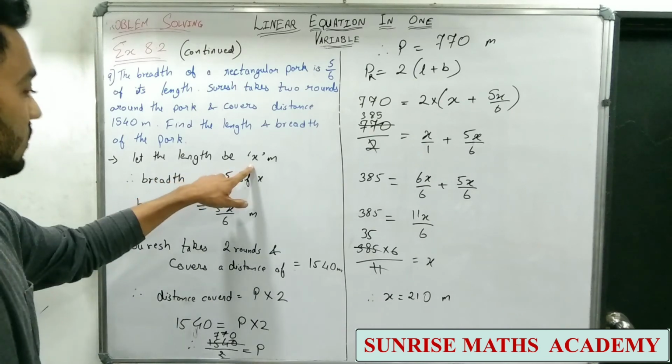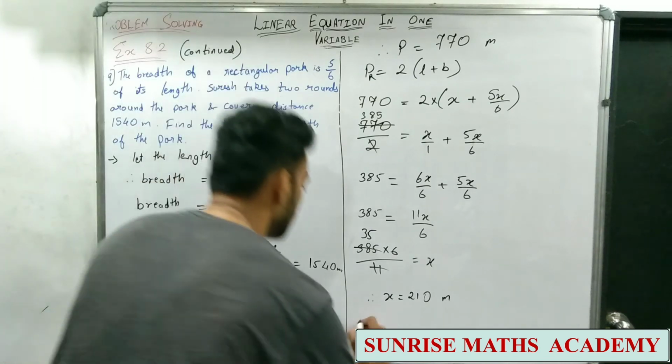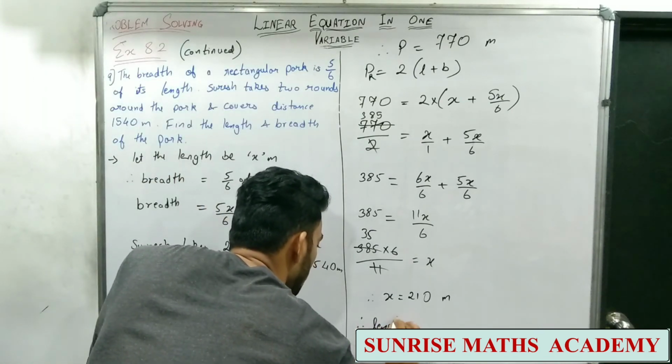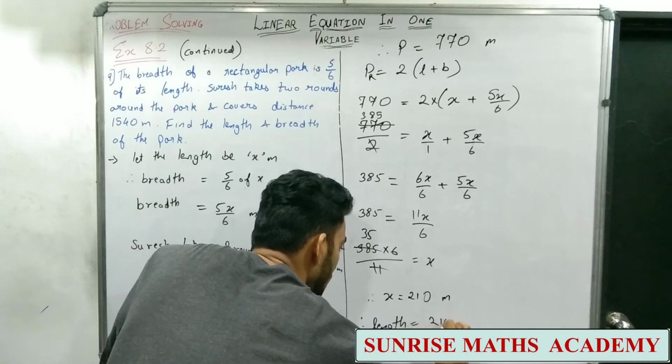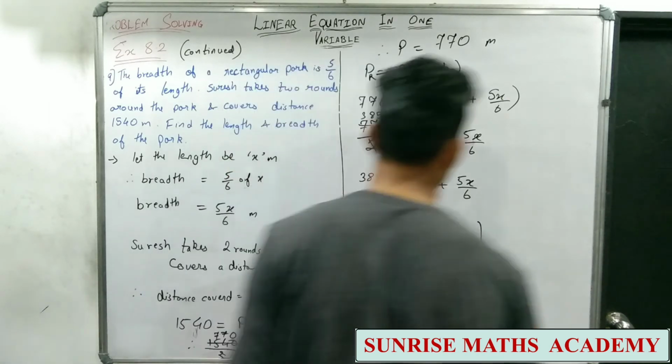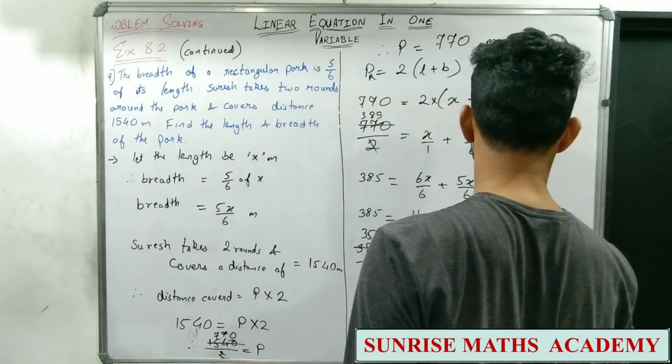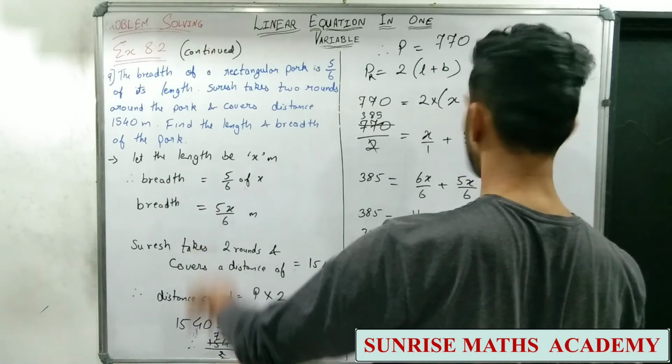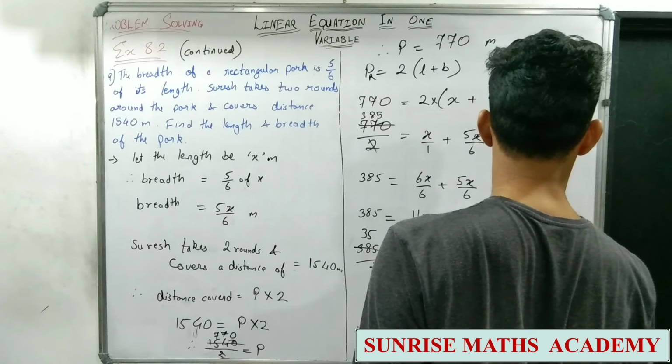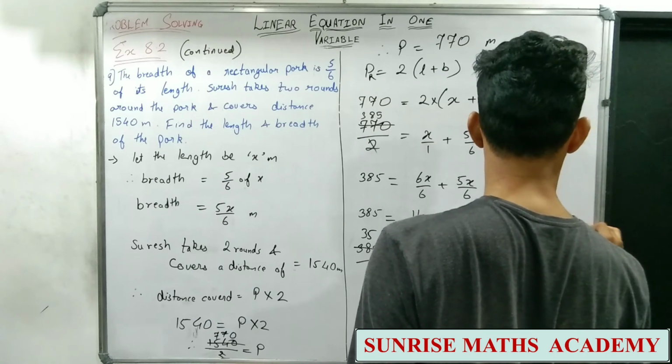X is the length, so therefore length is 210 meter and breadth is 5 upon 6 into x, x is 210.